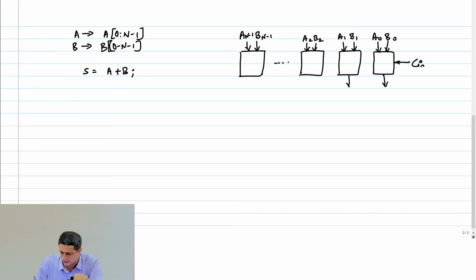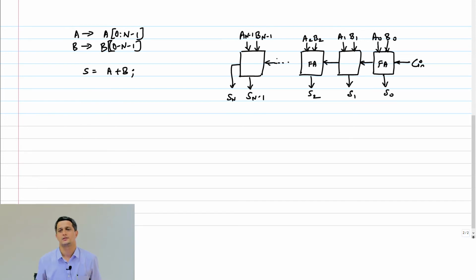The resultant out of these full adders will be S0, S1, S2 all the way to S n minus 1, and the carry out will form the bit Sn. If you add two n-bit numbers, you can get an n plus 1 bit answer. This is the carry out. All these are full adders. All I'm doing is taking the carry out, full adder, and cascading it like this.